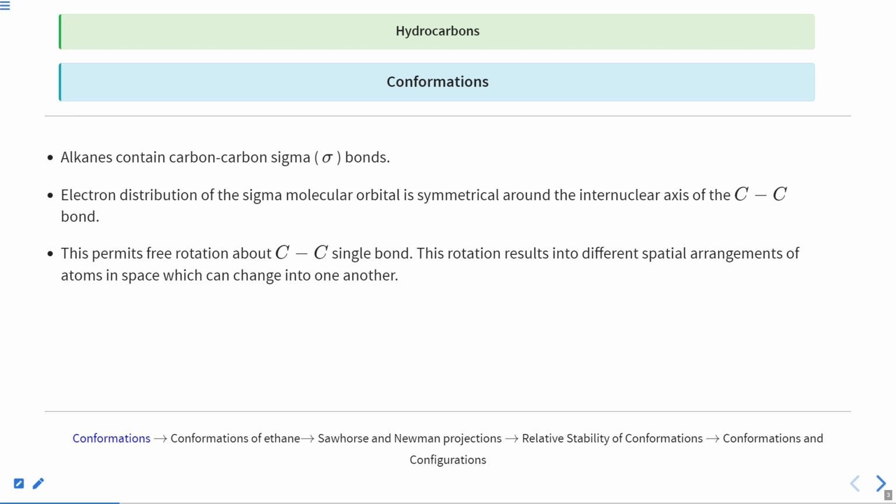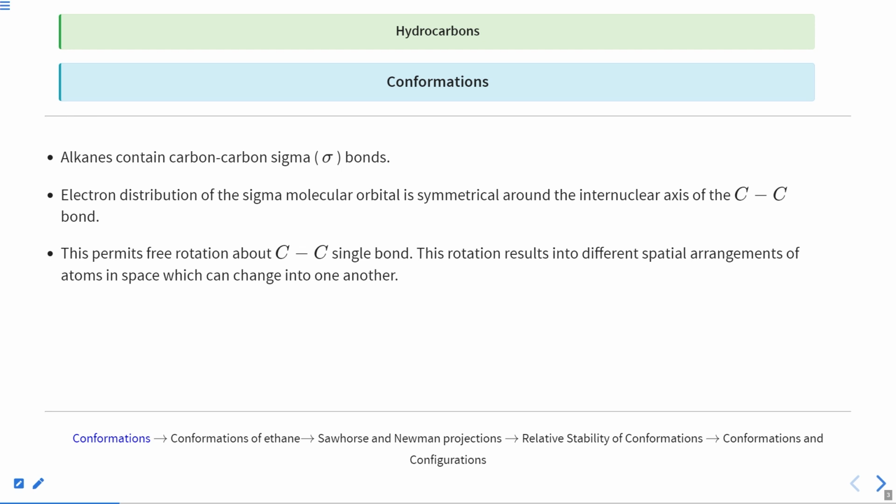If they are placed apart, then the repulsion will decrease. Many other interactions are present, and that results in different energies of the same molecule in different conformations. This is only possible for alkane because there is a single bond, which allows free rotation of the carbons on either side.